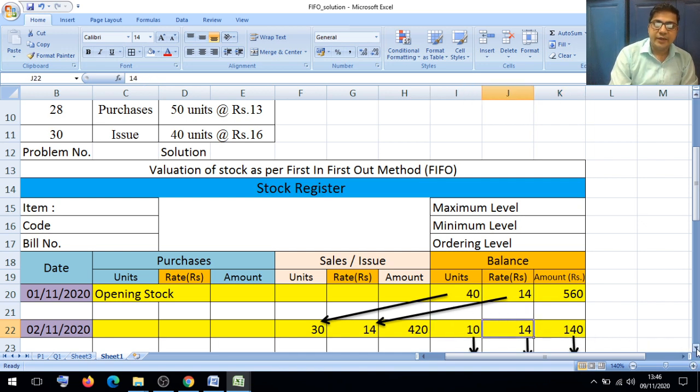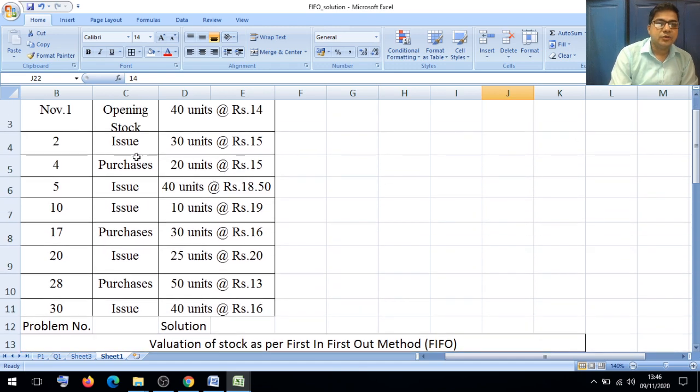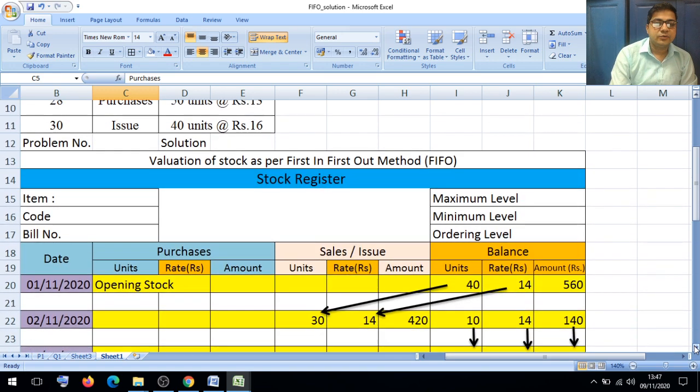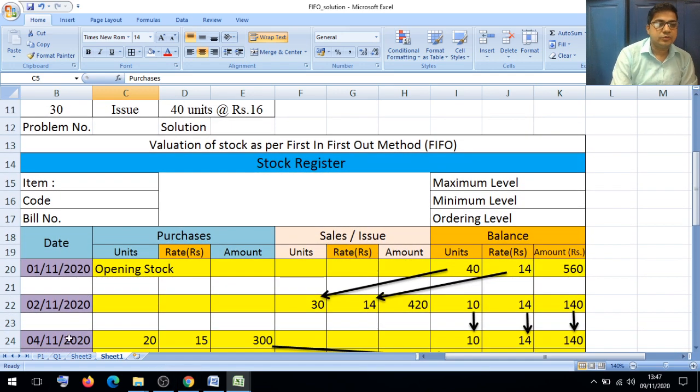After that, the next date they provided is the 5th. On the 5th they issue 40 units. Before that, on the 4th they purchased 20 units. We have to write the purchase entry: 4th 11 2020, purchase units column 20.